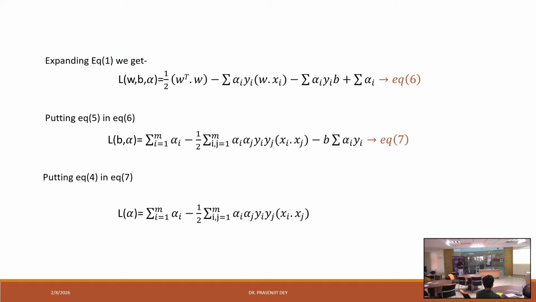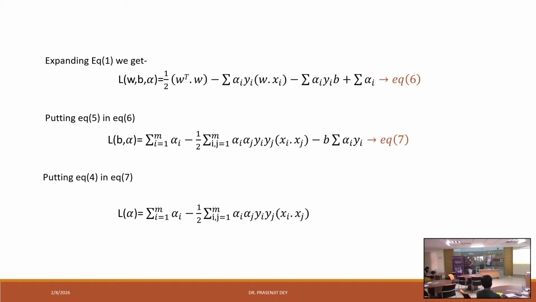In this equation I make this term 0, so it simplifies to this expression, which only has alpha i. So the overall optimization problem can be represented with a single parameter alpha i, which is a Lagrange multiplier. Up to this, is it clear to everyone? We have ample time, we can go very slowly.